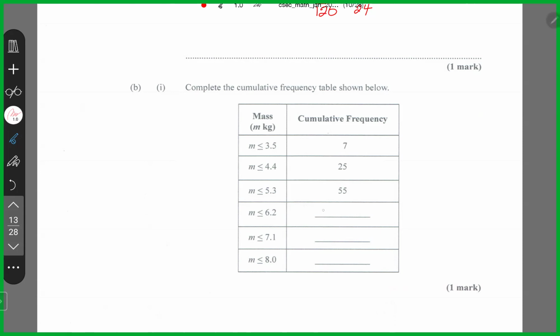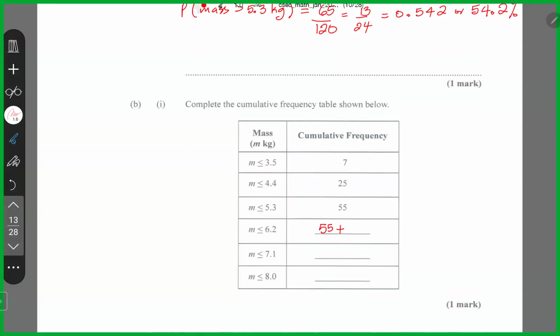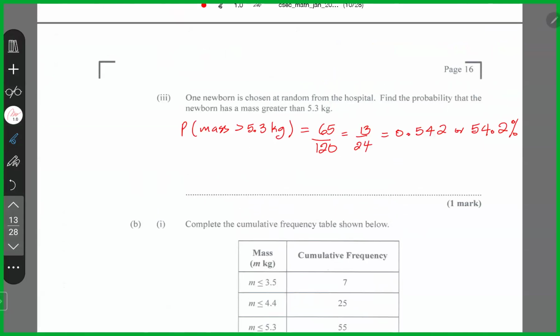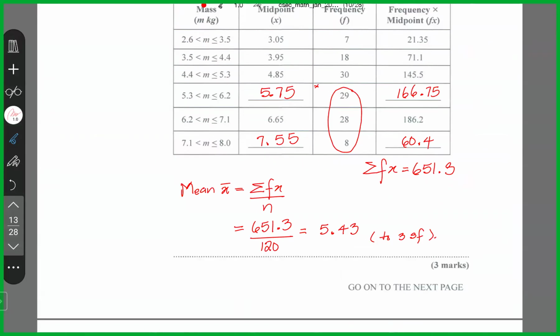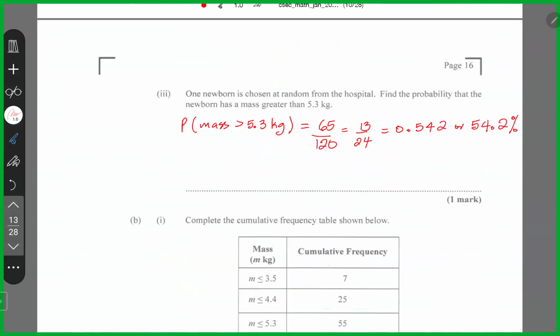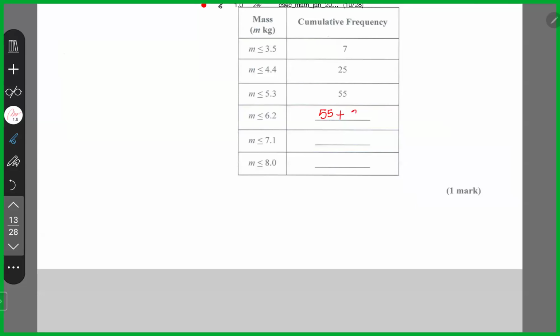So here it's going to be 55 plus 29, plus 28, plus 8. So the cumulative frequency here is 84.